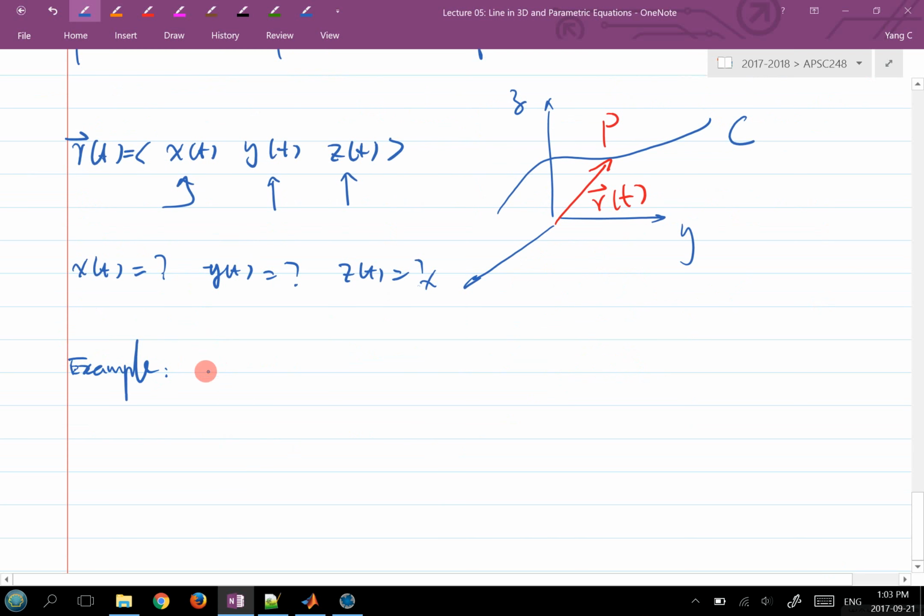Find the parametric equation for the intersection line between two planes.